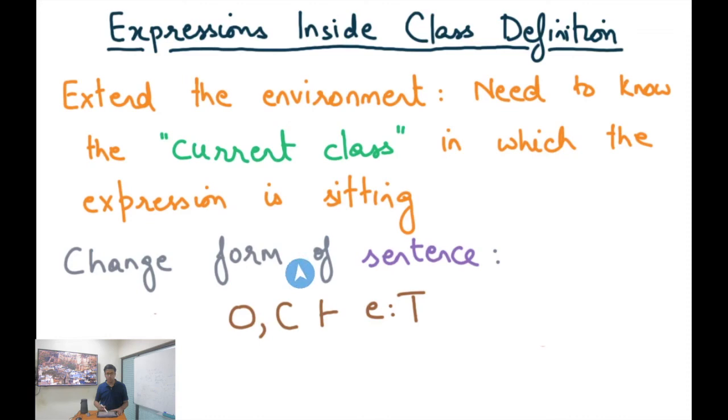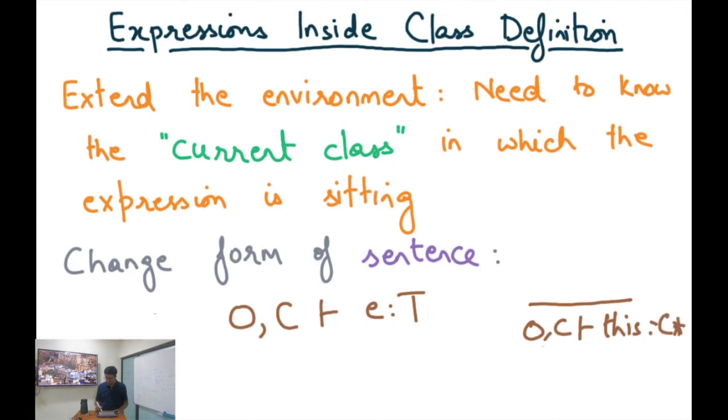And we will change the form of our sentence, or typing judgment. And earlier it was just under the assumptions created by the type environment O, it is true that E has type T. Now I'm going to say under the assumptions of type environment O, and if I am sitting in the current class C, or if my current class is C, then E has type T. So for example, I could have a rule which says that O, C, this is of type C star, right?